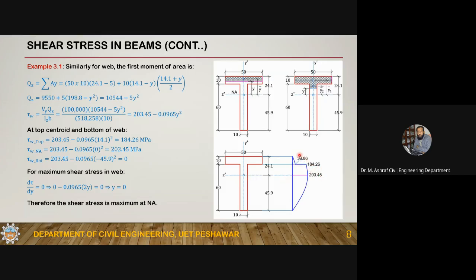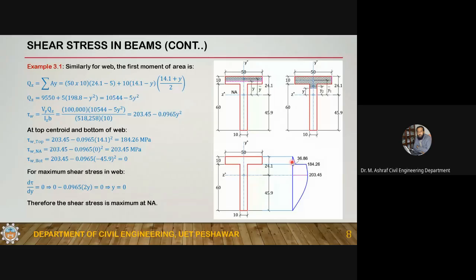Now the ratio between these two is equal to the ratio between the width of the flange and the thickness of the web. So in this case, since this is 5, this is 10, and this is 50, 50 divided by 10 is 5. So the ratio between this and this must be equal to 5. If you divide 184.26 by 36.86, you will get exactly 5.